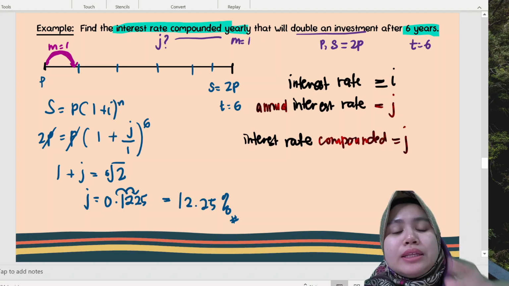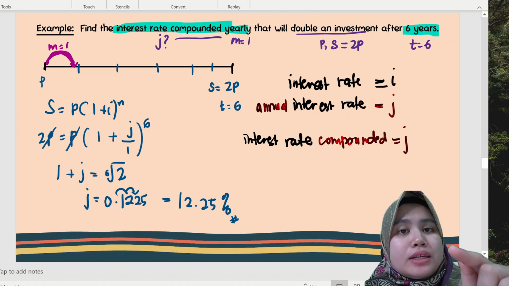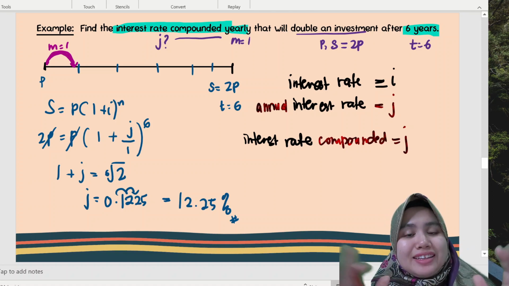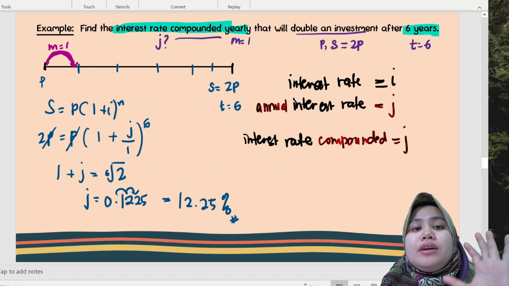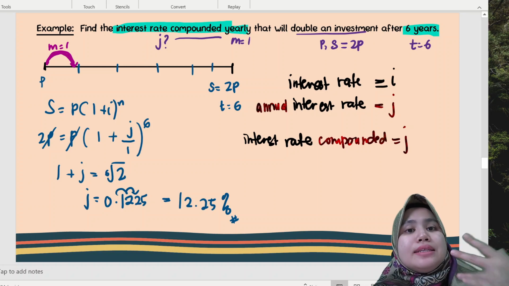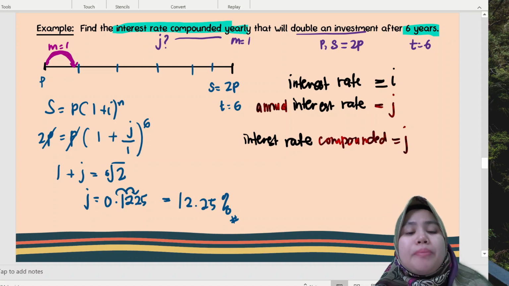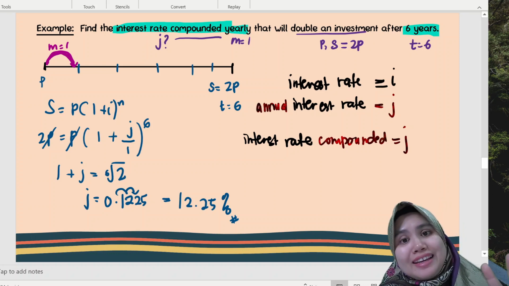In this question, it can ask you to find I, it also can ask you to find J. It's not hard. What is interest rate? What is annual interest rate? What is interest rate compounded? That is for our I and J.